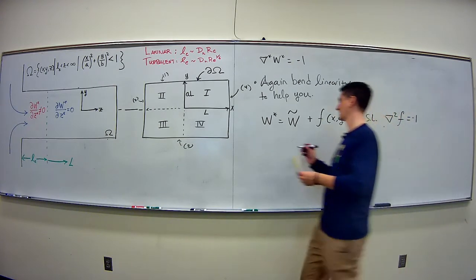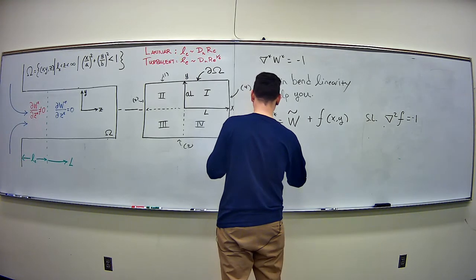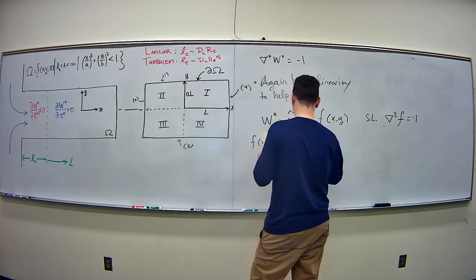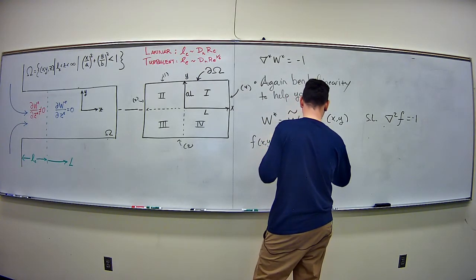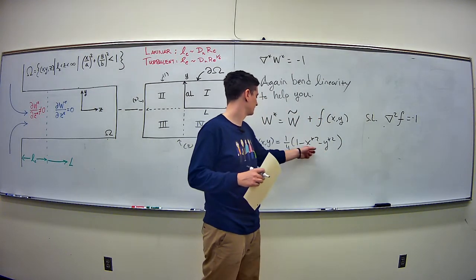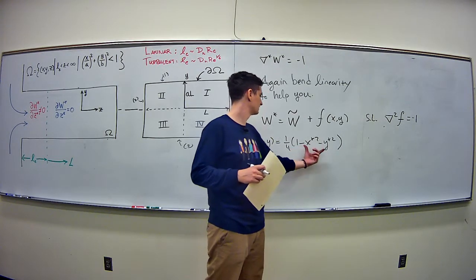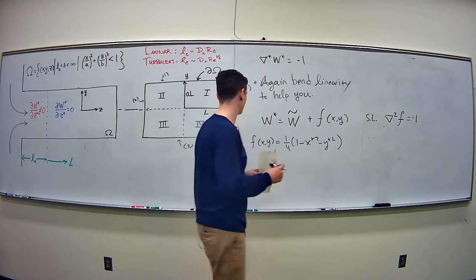There are a lot of these that would work. I could do 1/4. Two derivatives here gives me a 2, two derivatives here gives me a 2, so I have negative 2. So I have negative 4 over 4. I get negative 1. That works.